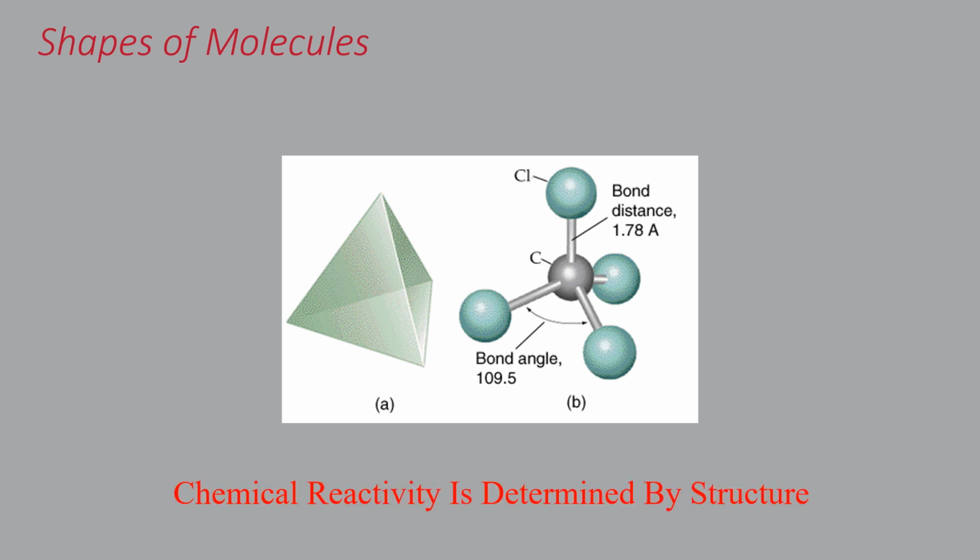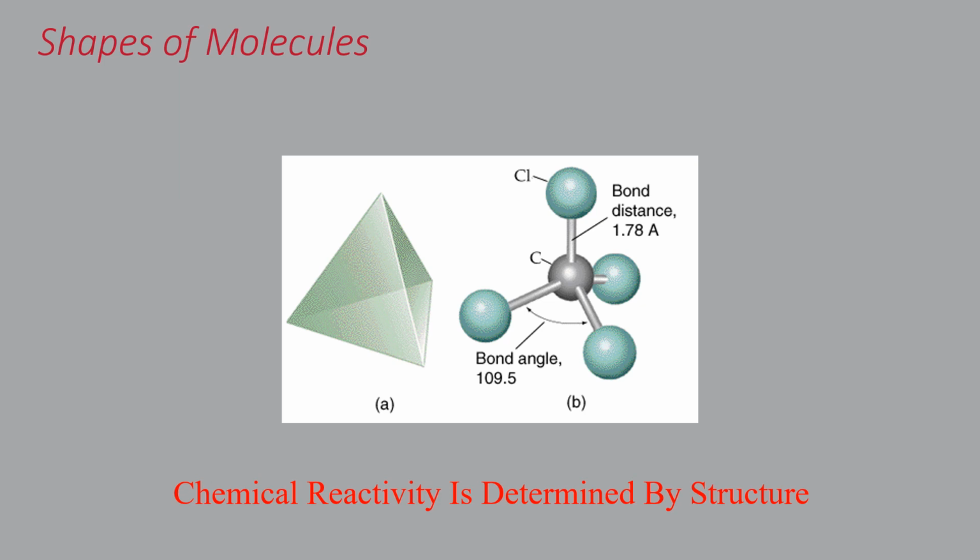Why do you care? Because the chemical activity of something is actually determined by its structure, by its three-dimensional shape. And most chemists, most people that are professional chemists, spend most of their working days either trying to make a molecule that is a specific shape, which should have a specific property, or trying to determine the shape of a molecule that they know has a specific property.